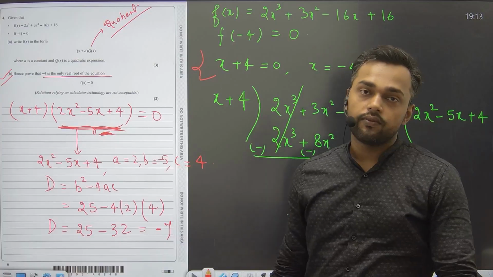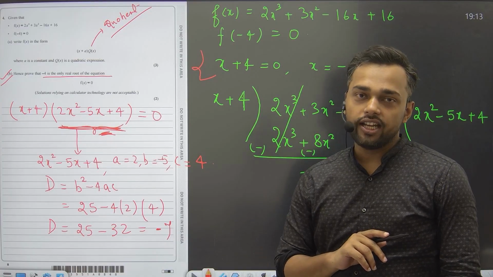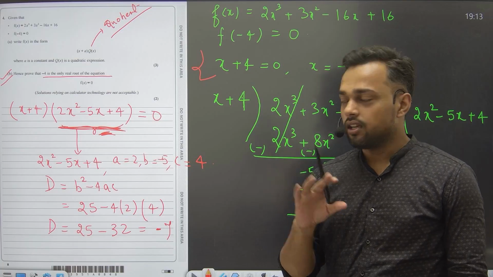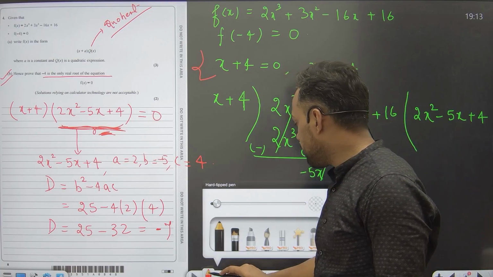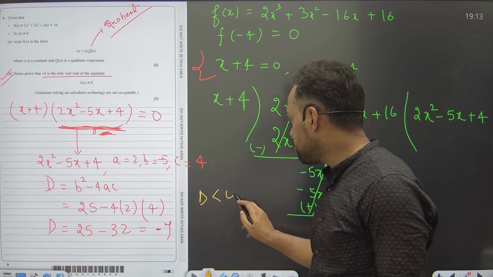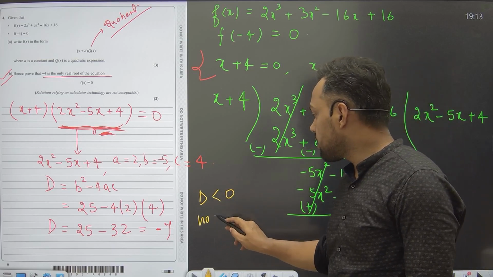So we know if discriminant is less than 0, no real roots are possible. In a quadratic equation, if the value of discriminant is less than 0, this is one of the conditions, student. If D is less than 0, no real roots are possible.